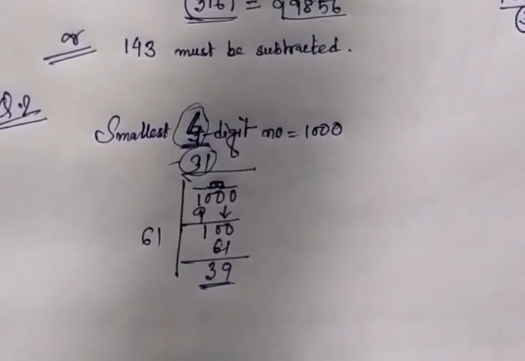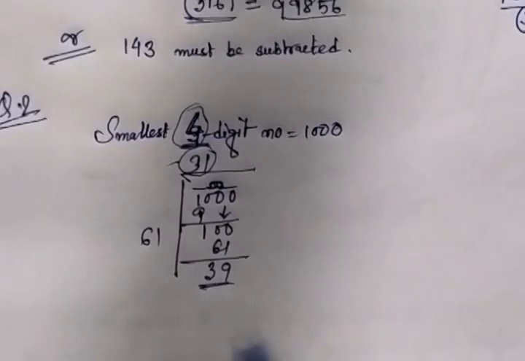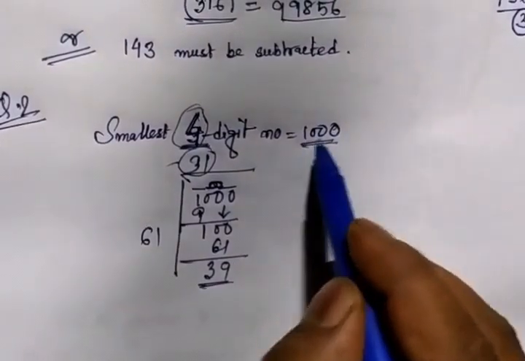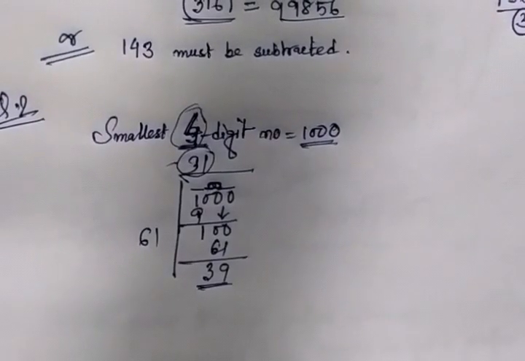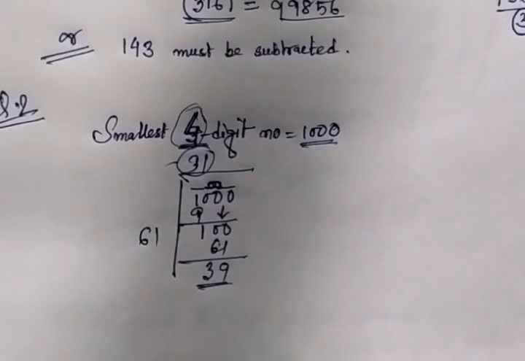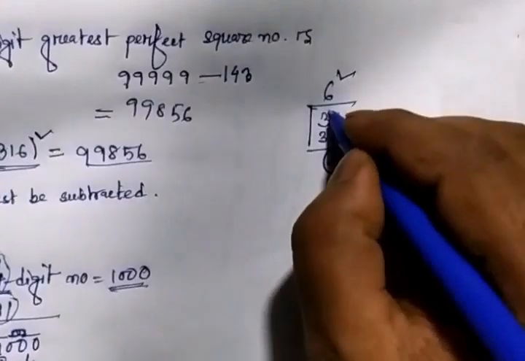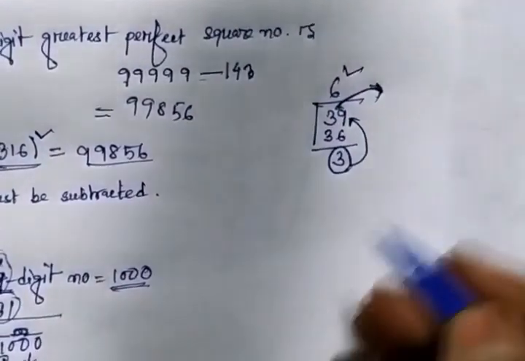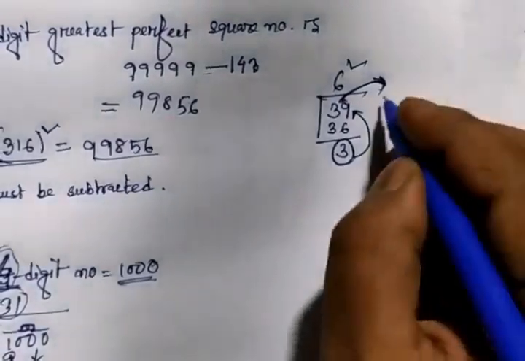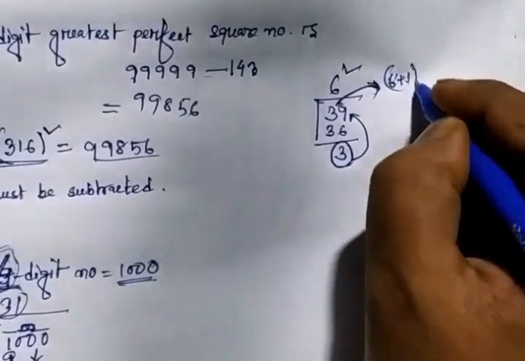So here we need the smallest 4-digit perfect square number. We cannot subtract anything from 1000. If we subtract anything from 1000, then it becomes a 3-digit number. So we must add something. In case of addition, we need the next perfect square number after 31.